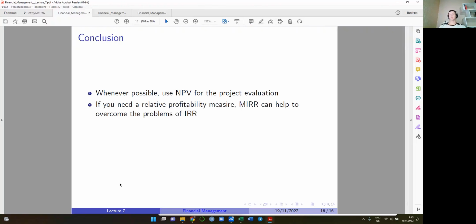But if you really need a relative profitability measure, you can opt for modified internal rate of return, because it does not have the problems of IRR. So that's all for this topic.